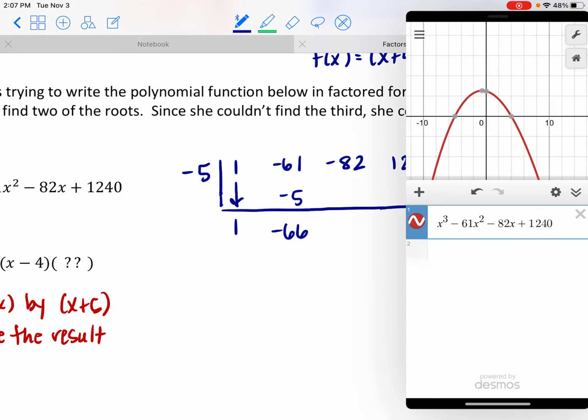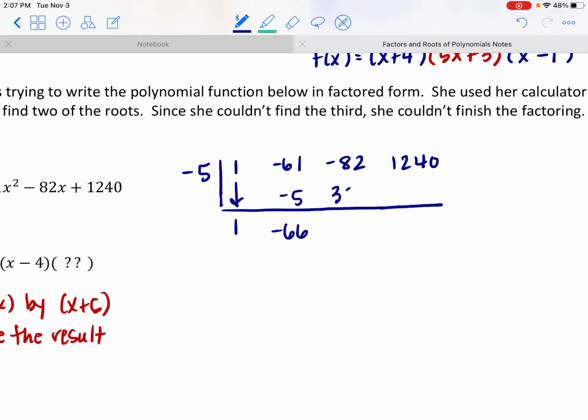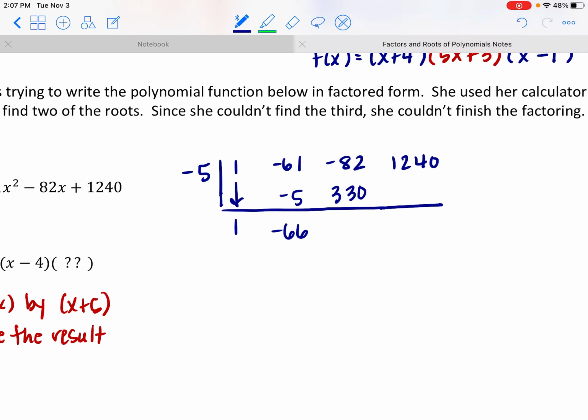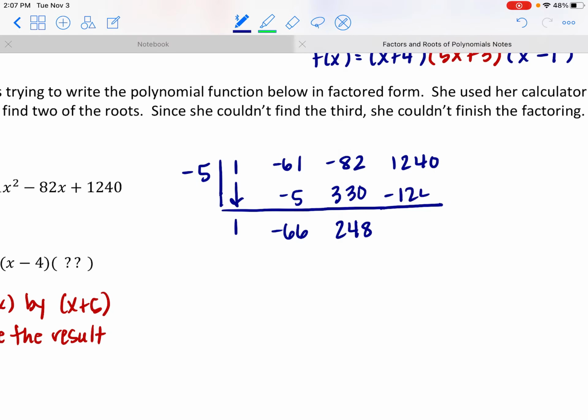And then we're going to multiply negative 5 times negative 66. 66 times 5 is going to be 330. So 330 here, and then we're going to add. So 330 minus 82 is going to give us 248. And then we're going to multiply that by negative 5, and we're going to get negative 1,240. Good, because those should cancel to 0, giving me no remainder.